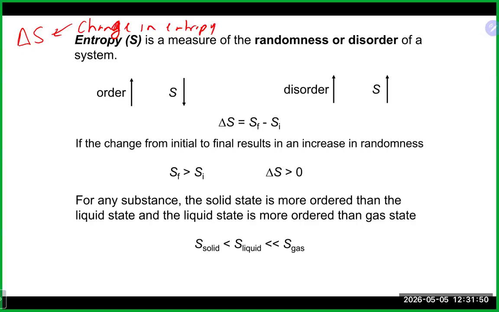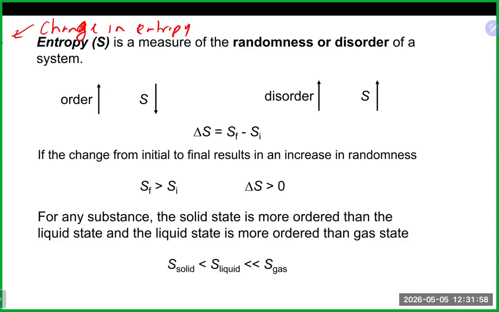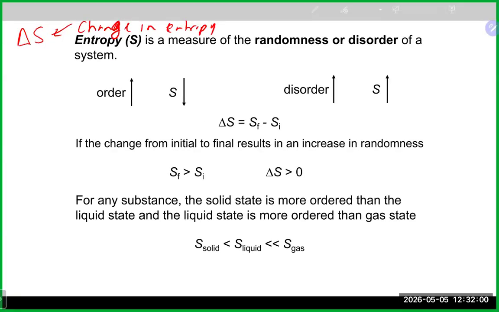Again, not to be confused with enthalpy, which is delta H. Entropy measures the amount of randomness or disorder in a system. As the amount of disorder increases, the entropy will also increase.